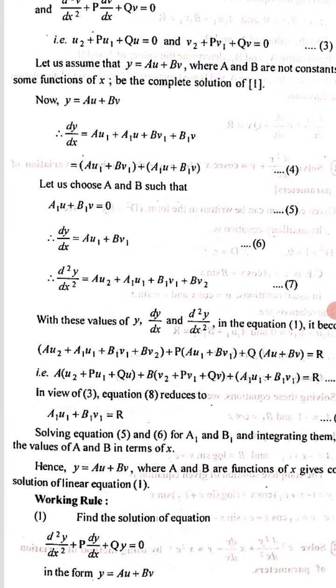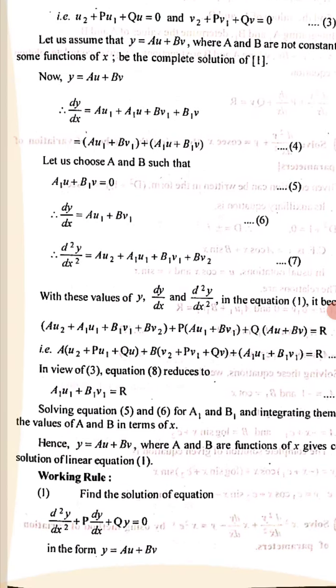That is a into bracket u2 plus pu1 plus qu plus b into bracket v2 plus pv1 plus qv plus a1u1 plus b1v1 is equal to r. This gives equation number 8.